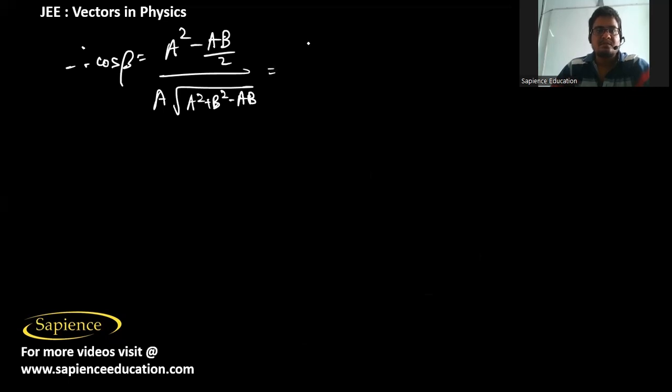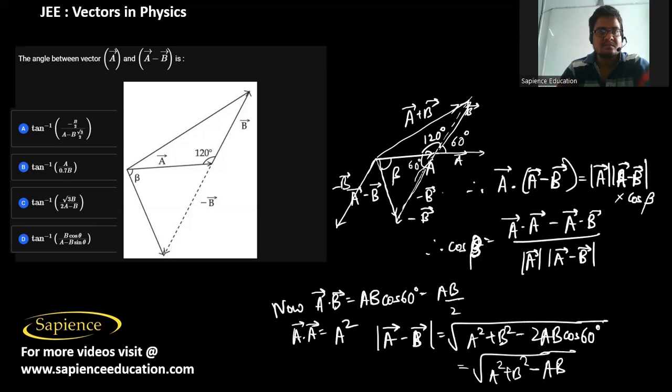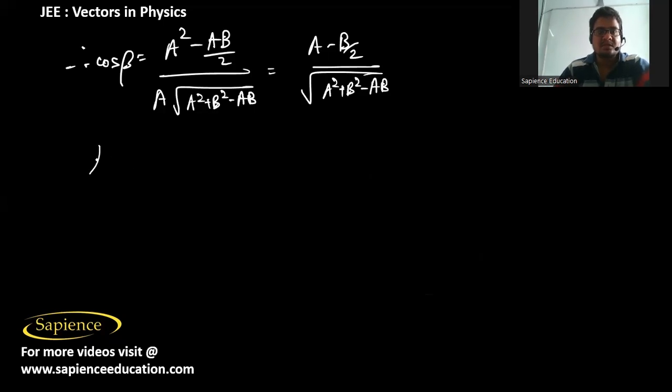So from here A we can take as common, and then that will be A minus B by 2 divided by square root of A square plus B square minus AB. So then tan beta we have to find. Tan beta will be equal to square root of 1 minus cos square beta by cos beta.